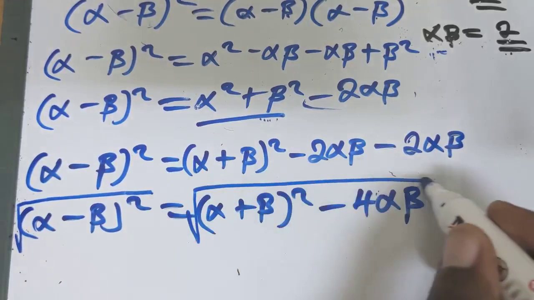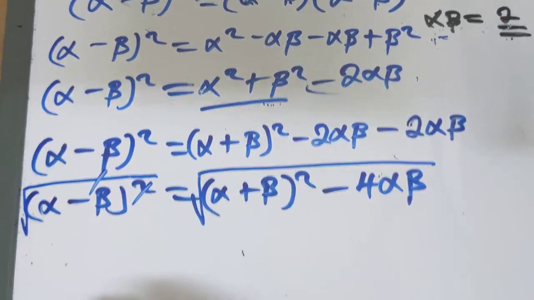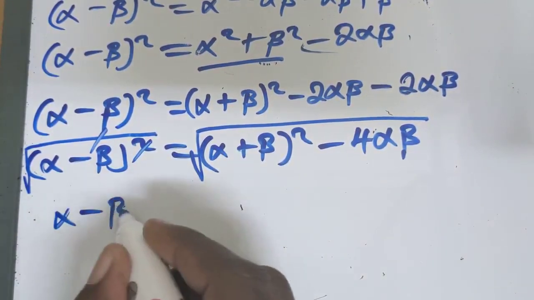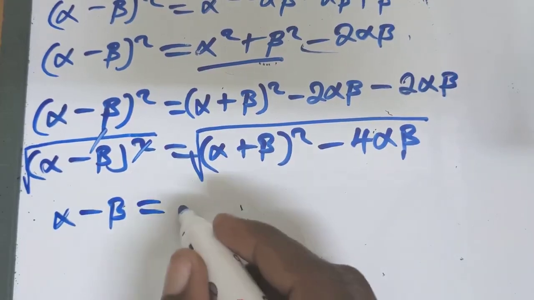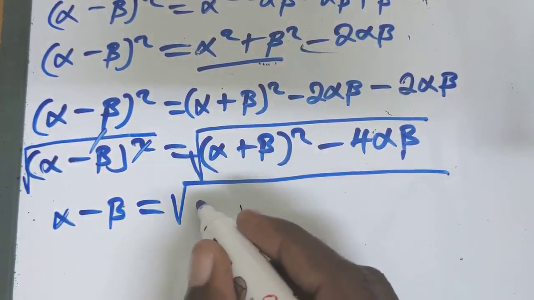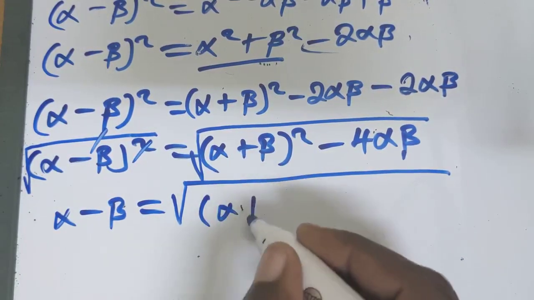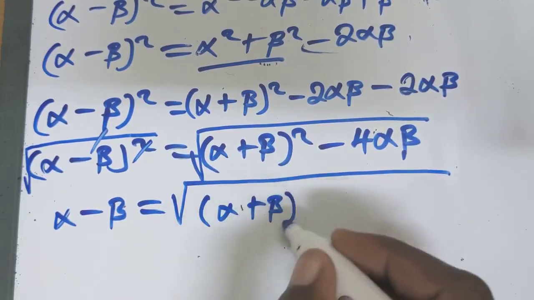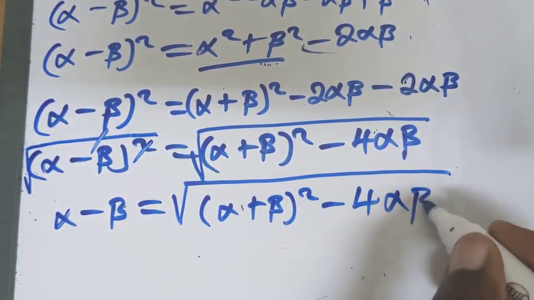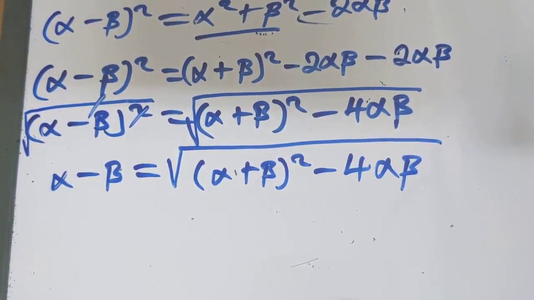So this will go with that square root, and alpha minus beta is equal to the square root of alpha plus beta to the power 2 minus 4 alpha beta. That is what it is right there.